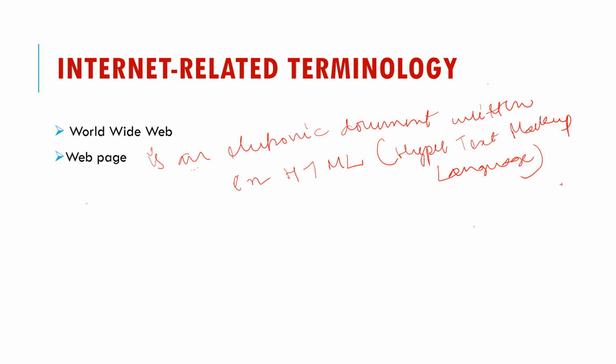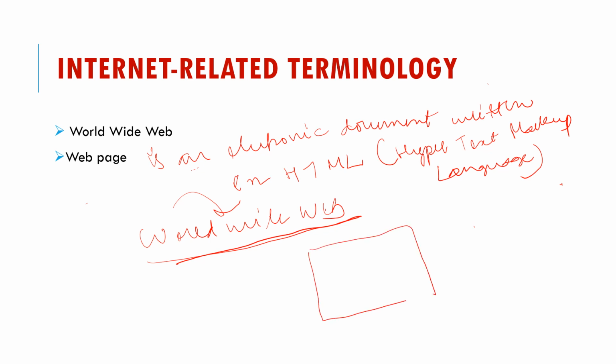As earlier I have mentioned, suppose you have typed World Wide Web on Google, this blue ink color line, and you have clicked on this. Upon clicking on this, one page will be visible to you. It will take you to a page, and that page is a web page. It's an electronic page which is written in HTML.